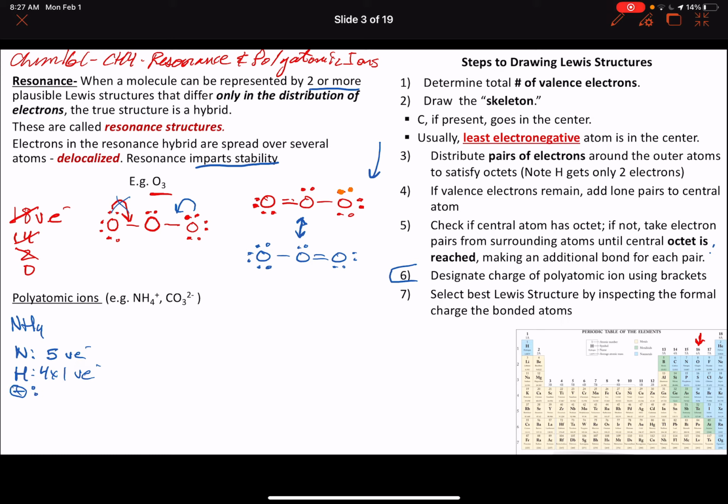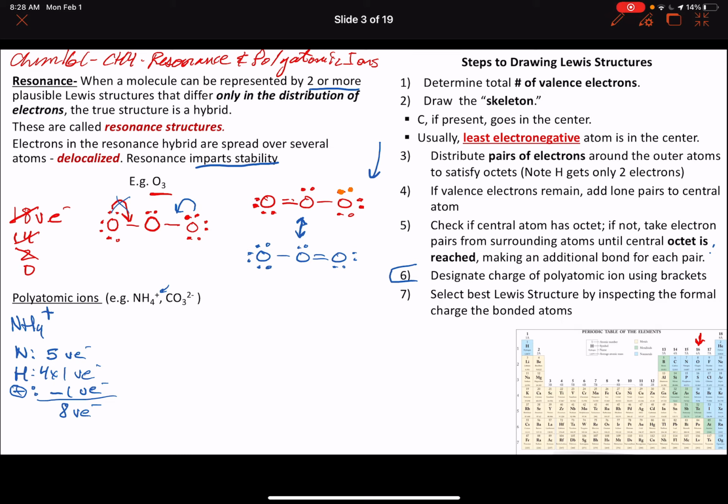So how do we account for the positive charge? Well, to result in a positive charge, we have to remove an electron. So we're going to do a -1 valence electron in our total here to handle this. So we're going to have 4 plus 5, that's 9 valence electrons. Take away 1, we've got 8 valence electrons to work with in this Lewis structure for the ammonium ion.